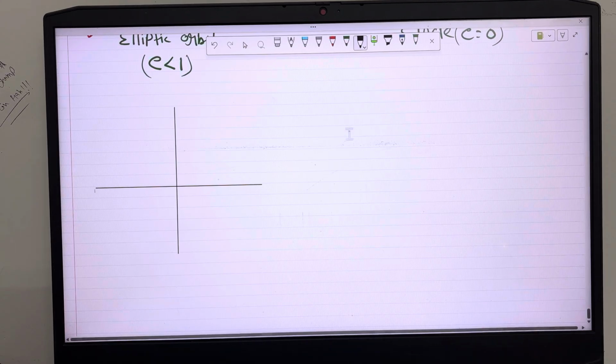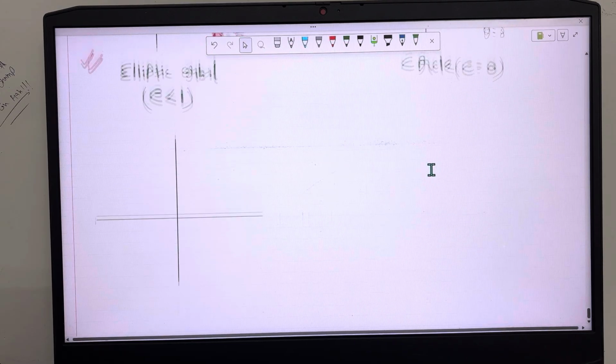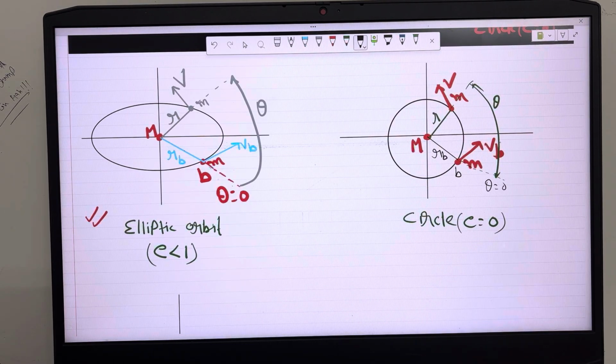They are not going to ask a question about this figure, but I'm telling you about this figure only for better understanding. When you study Kepler's law or elliptic orbit, we'll make the figure of this particular thing and understand it very neatly. And after some time we are going to derive this, what is this velocity and all, right.